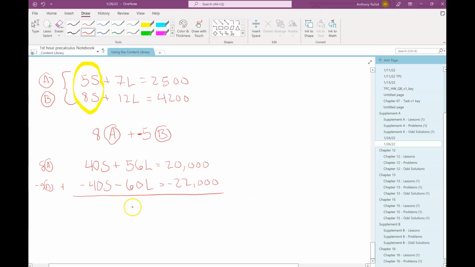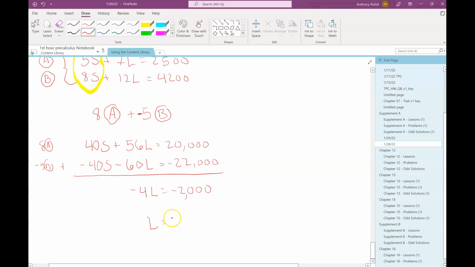So when I add these down, I have negative 4L equals negative 1,000. So when I divide both sides by negative 4, I get 500.